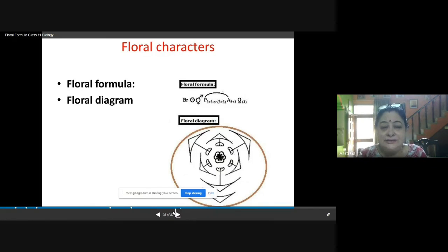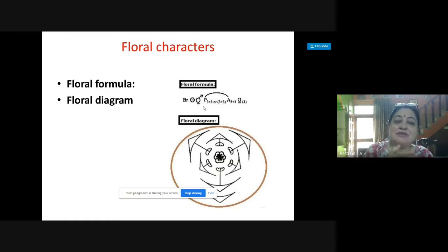Now see, this is perianth. So they have not written capital K or capital C. They have written capital P, perianth. And 3 plus 3 means 3 outside and 3 inside, and they are fused. And they are fused with what? Androecium.